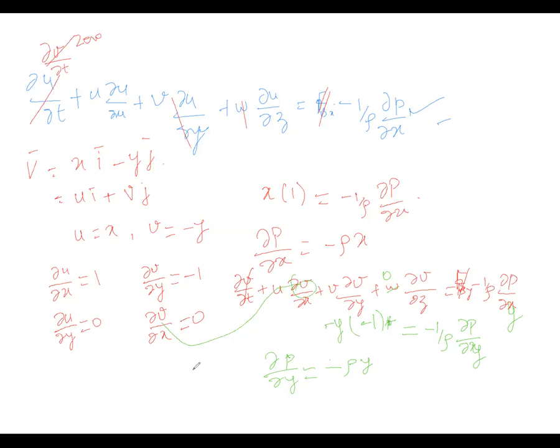So in the vector form, if you are adding the pressure gradient, ∂p/∂x plus ∂p/∂y is giving minus rho x i vector, then minus rho y j vector, or minus rho on the outside, you can get x i vector plus y j vector.